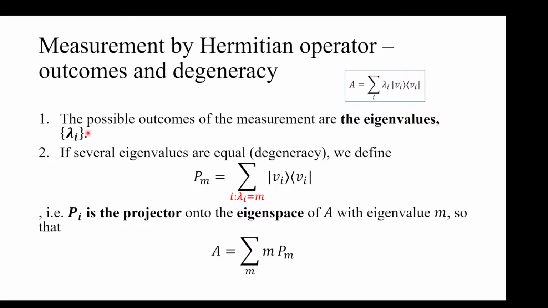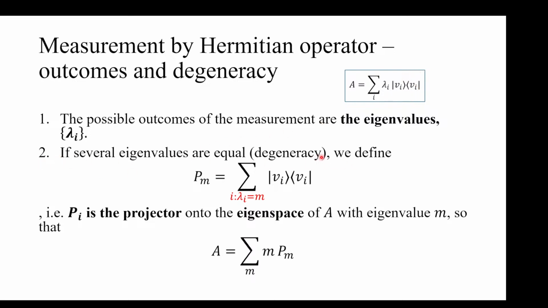The other thing is that some of the lambda i can be the same. When they are the same, you cannot have a unique vi, because vi1 and vi2 can have the same lambda i and have some freedom in the choice.